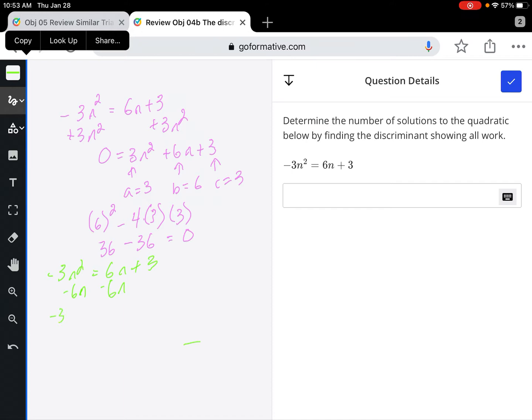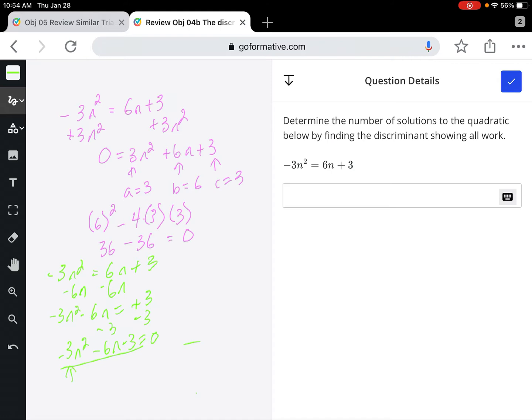If I subtract 6n, subtract 6n, so this is negative 3n squared minus 6n is equal to positive 3. I subtract 3, negative 3n squared minus 6n minus 3 is equal to 0. For this one here, in this case, a would be negative 3, b would be negative 6, and c would be negative 3.